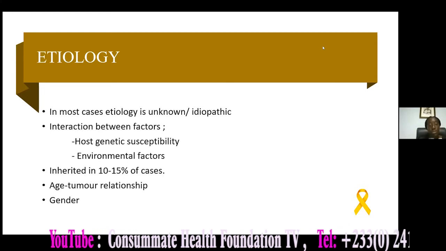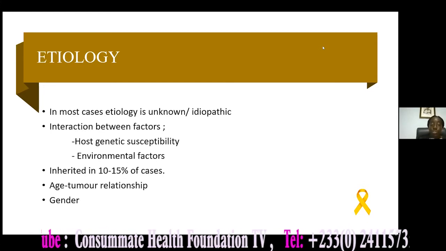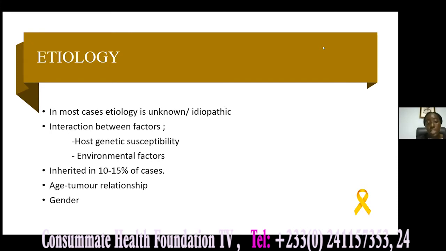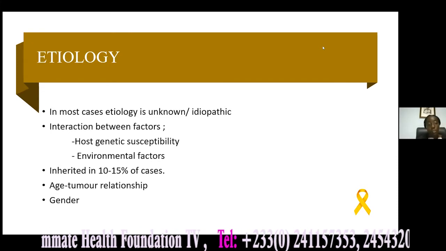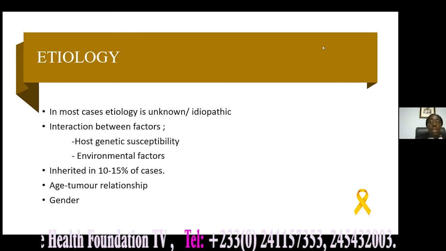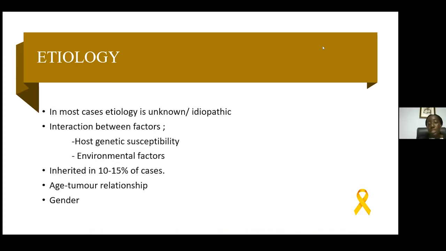So sometimes with age, certain tumors are more common with certain age groups. For gender, as stated earlier, we noticed that most of our cancers are commoner in males, but there are certain cancers in males.